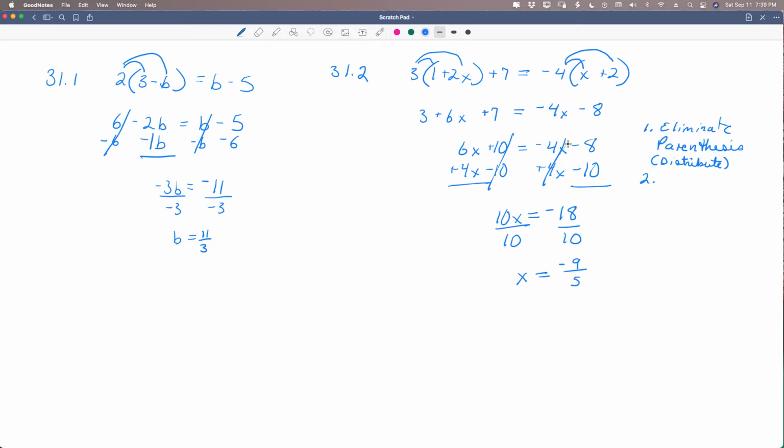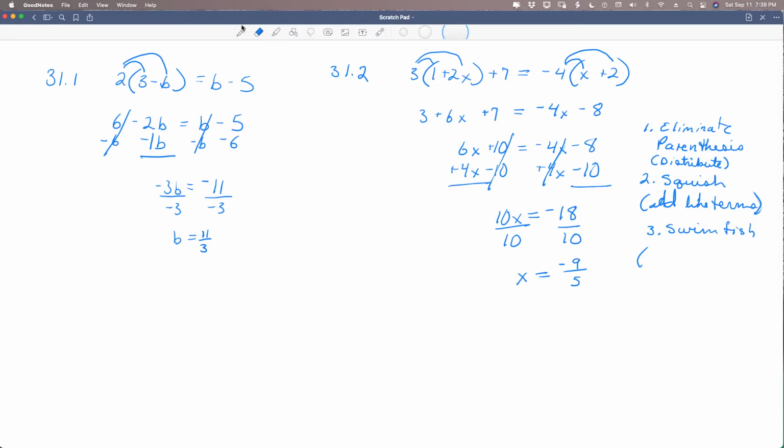So we did the squish. That's what I call the squish. So the squish is add like terms. Okay, and then finally we swim fish. And what that does, it consolidates the x.